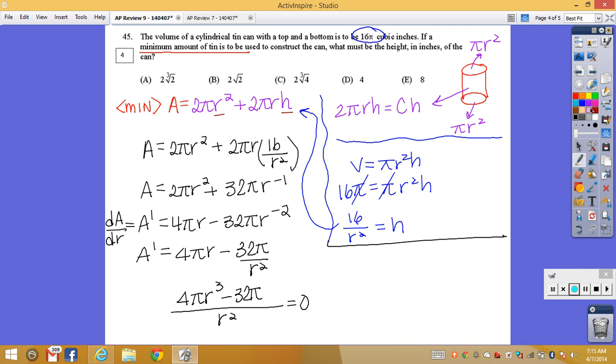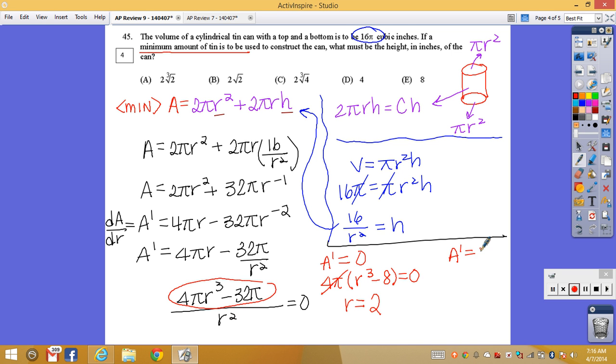So I'm going to set my a prime equal to 0, which would mean the numerator, that's this guy. I'm going to factor out 4 pi, which would leave me with r cubed minus 8 equals 0. Divide both sides by 4 pi, r ends up equaling 2.